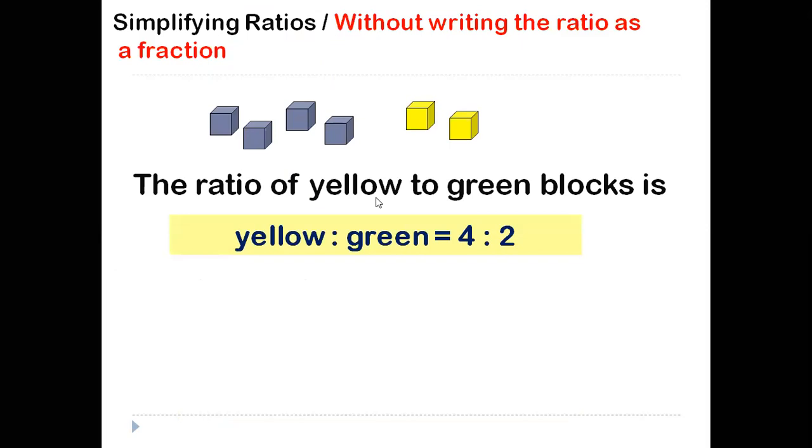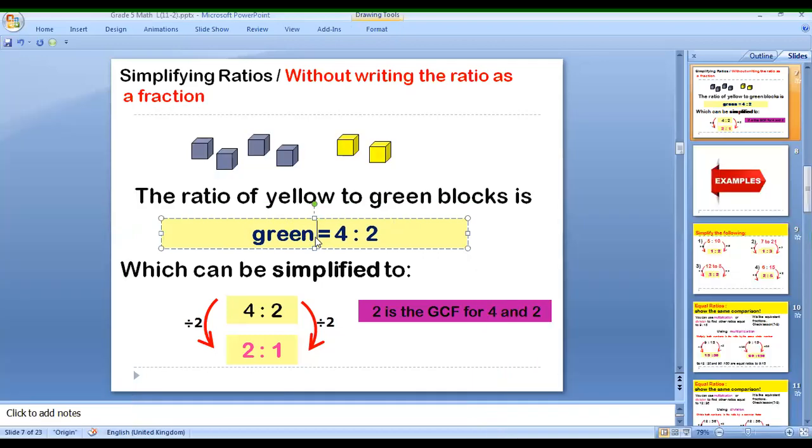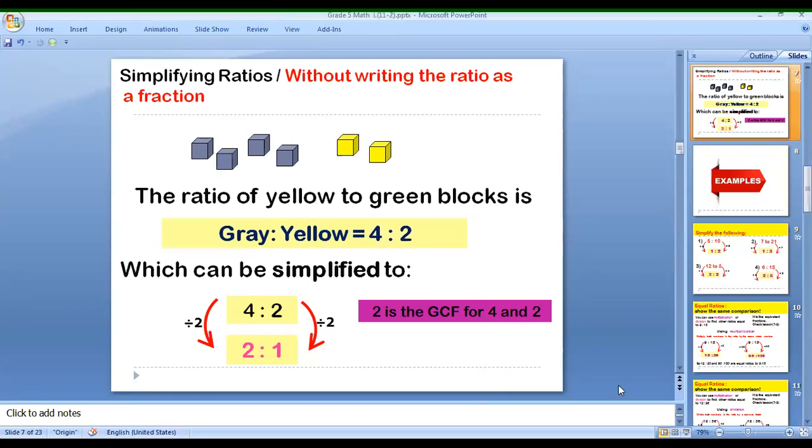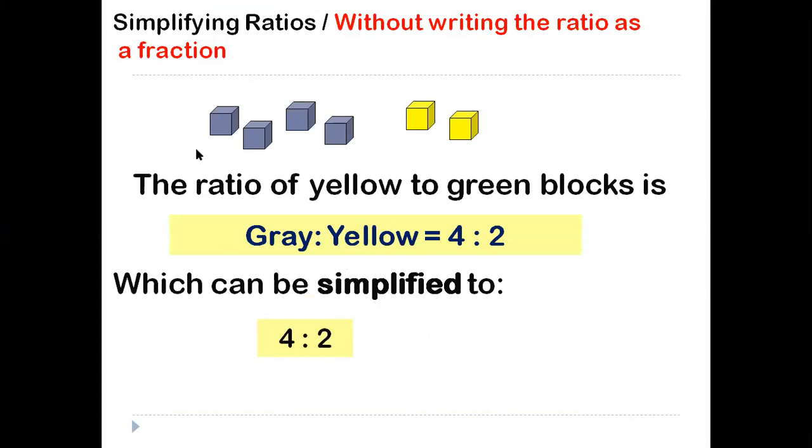The ratio of gray blocks to yellow blocks: if we need to write the gray blocks to yellow blocks, it's 4 gray blocks to 2 yellow blocks.